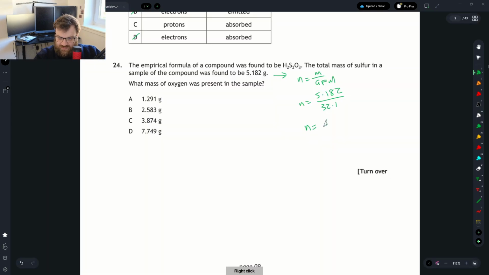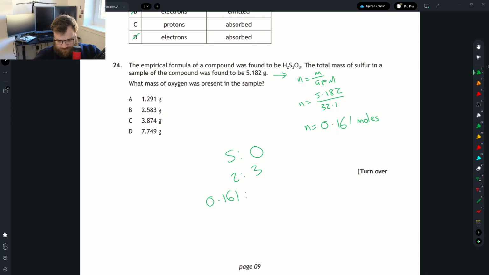That will give 0.161 moles. Now, our calculation says that it's a 2 to 3 ratio. So if we have 0.161, divide that by 2, times that by 3, gives 0.2415 moles.